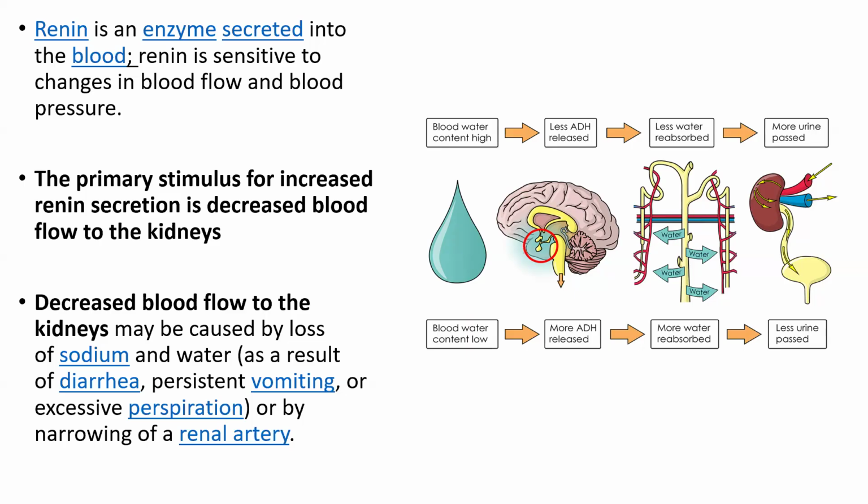So whenever there's low blood flow going into the kidneys, that renin is going to be triggered. And that is going to cause the triggering of angiotensin 2. That is the vasoconstrictor. But the renin has to be released for that to happen. What else will the trigger of renin cause?